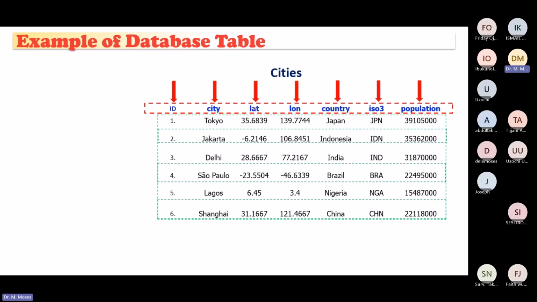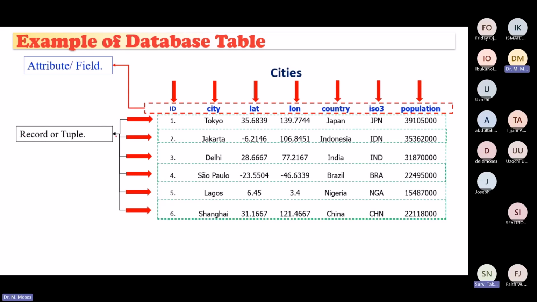So for the city table, the attributes are the ID, city, latitude, longitude, country, ISO 3, population. These are also referred to as fields. So either you call them fields, attributes, which we use mostly in GIS, or columns. The rows, on the other hand, are referred to as tuples or records.